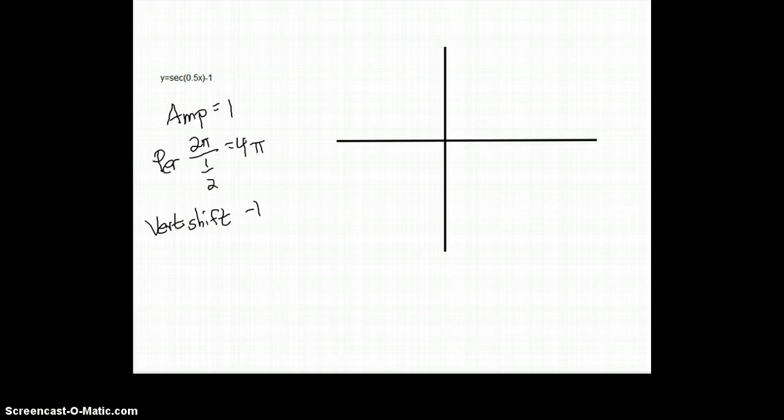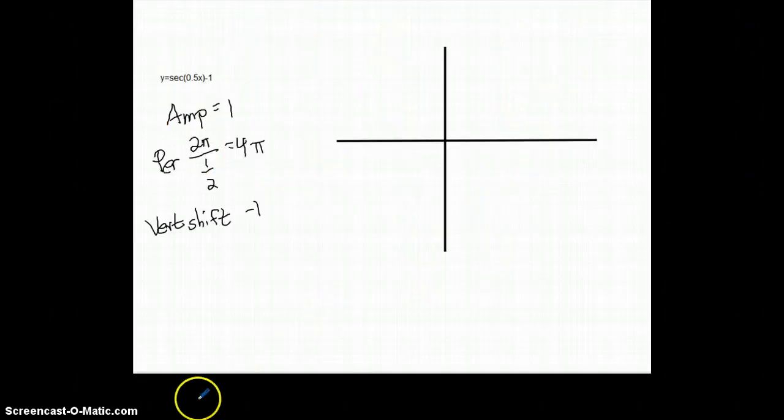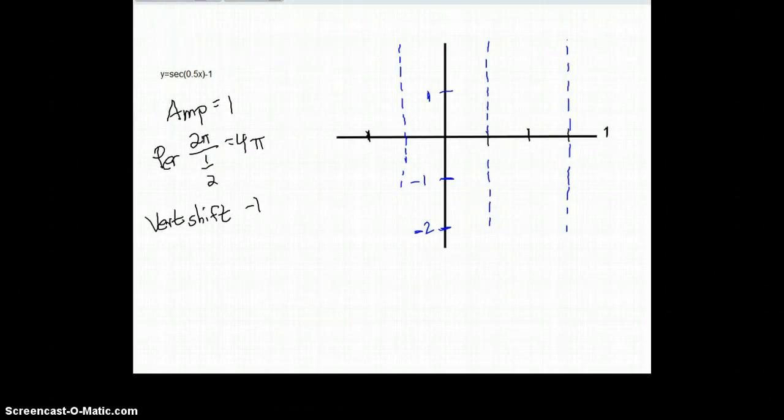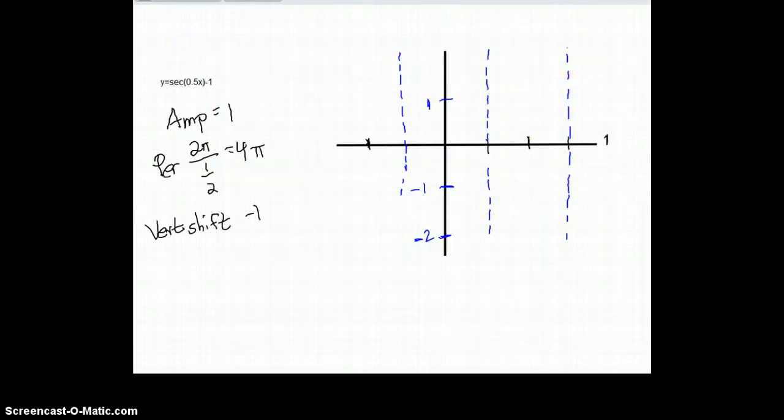Again, let's look at our base secant graph here. In the secant graph we have asymptotes at pi over 2 and 3 pi over 2. But of course, we have a period of 4 pi.